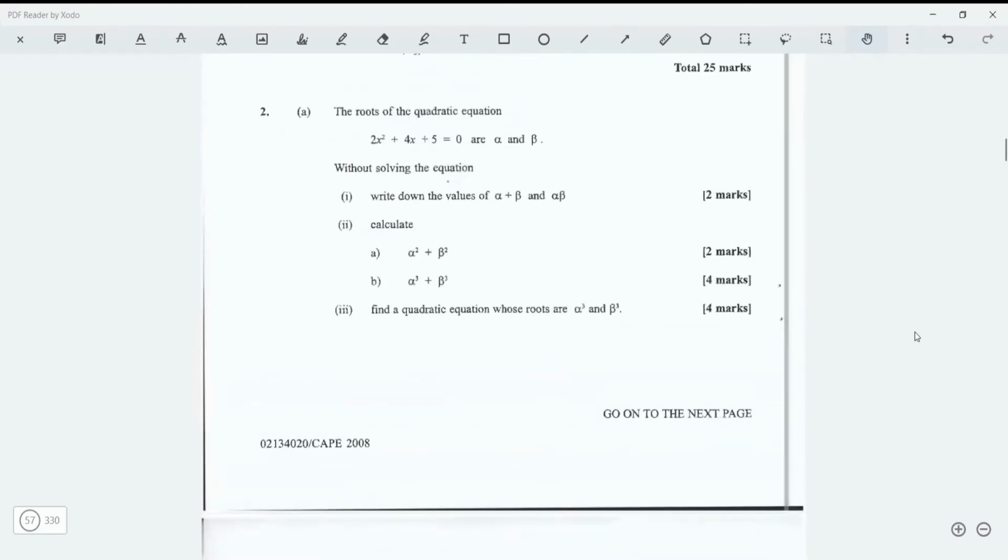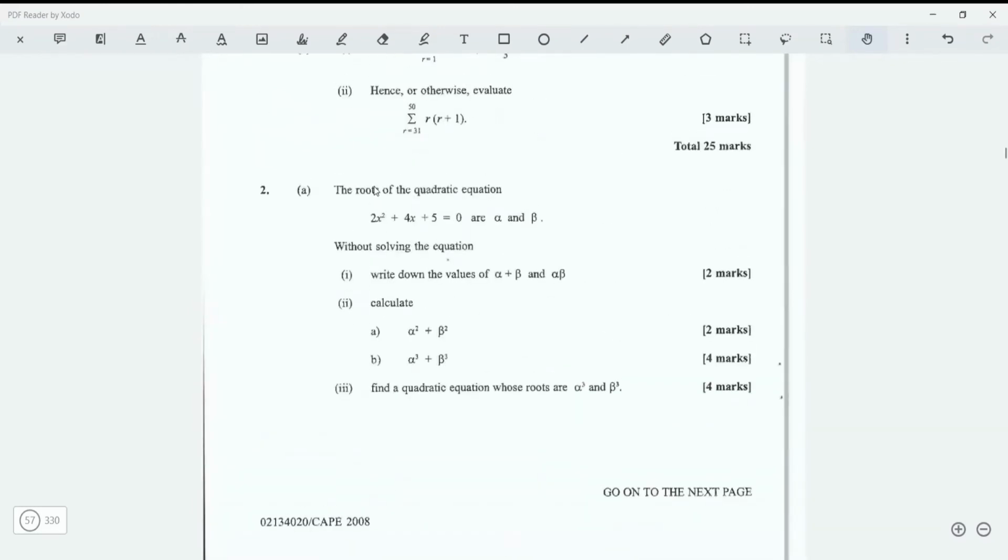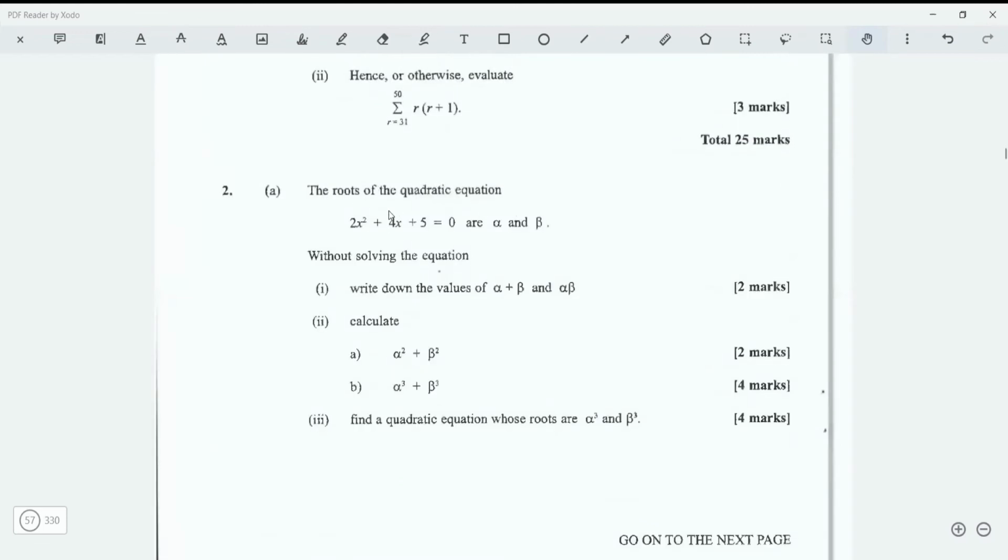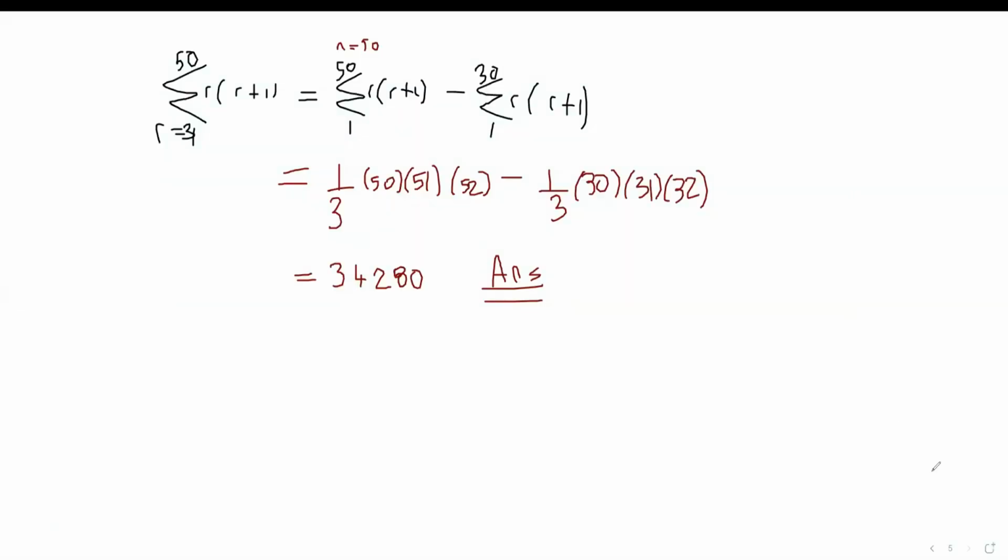Question 2 says, the roots of the quadratic equation are alpha and beta. You have a quadratic given by 2x squared plus 4x plus 5 equals 0. So come write that down. 2x squared plus 4x plus 5, and this, my friends, is equal to 0.